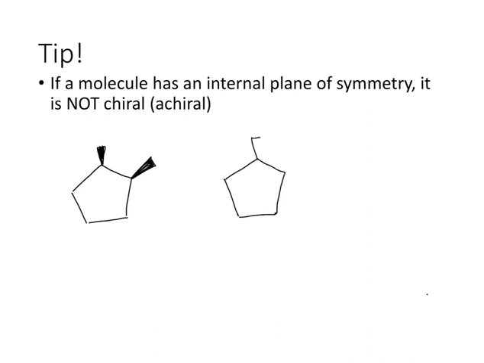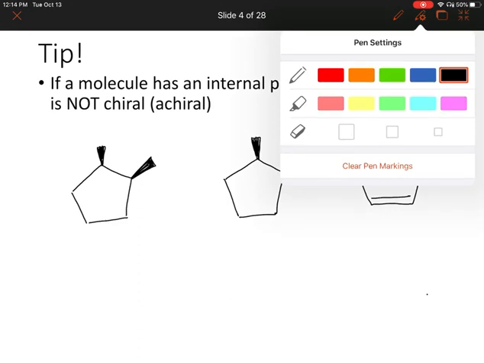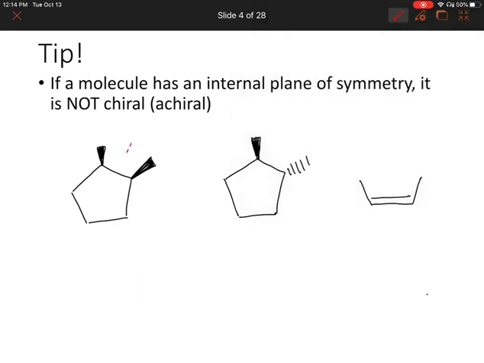Let's see. So our second one had a wedge and a dash, and then we've got our alkene. Okay, so a plane of symmetry means that you almost have a mirror image down the middle of the molecule. So for instance, in our first molecule, there's symmetry down the middle.